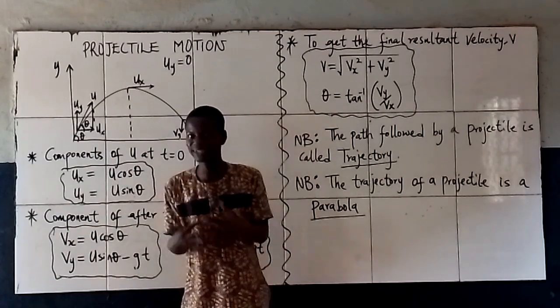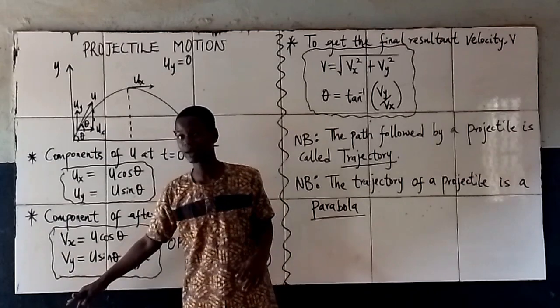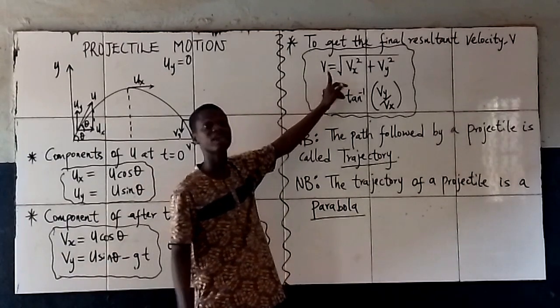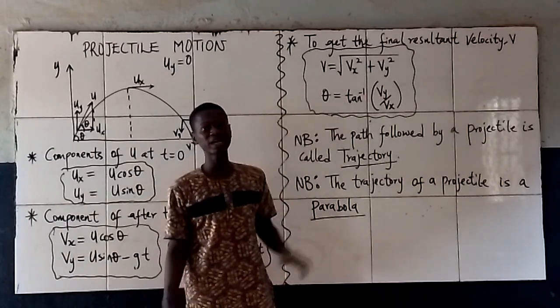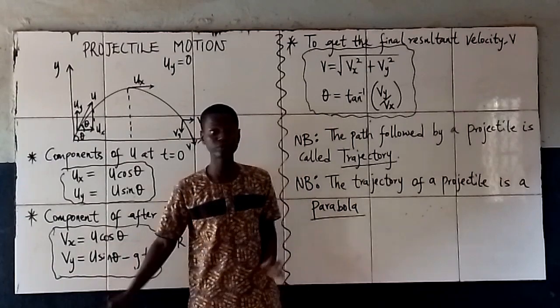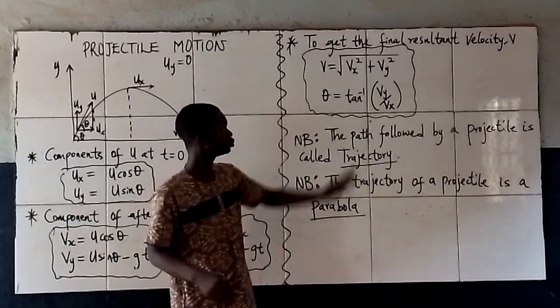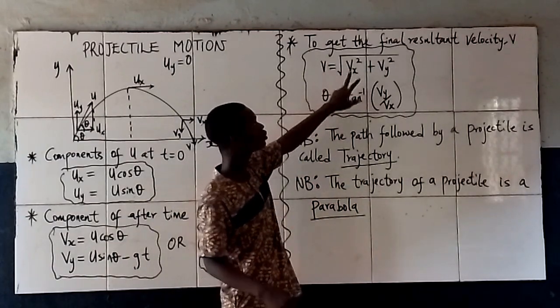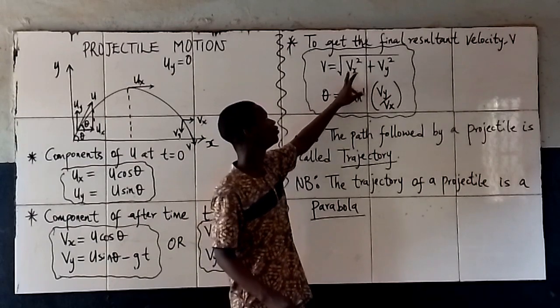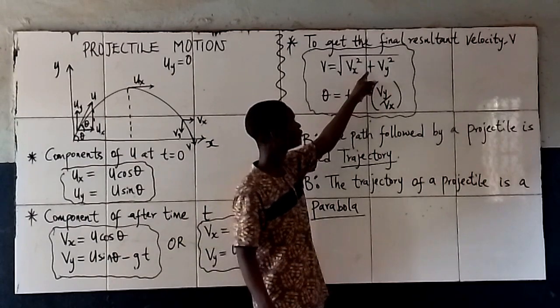So how do you add them up? You don't add them with plus and minus. This is the formula to get the final velocity v. After you have gotten the components, you say v is equal to the square root of vx squared plus vy squared.